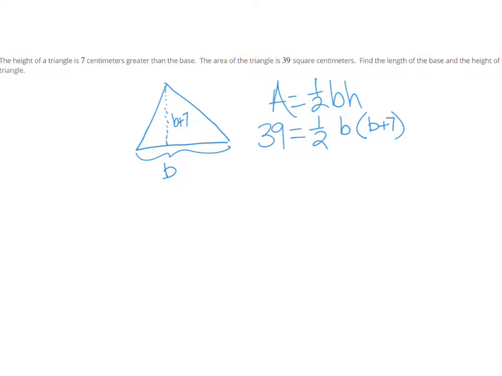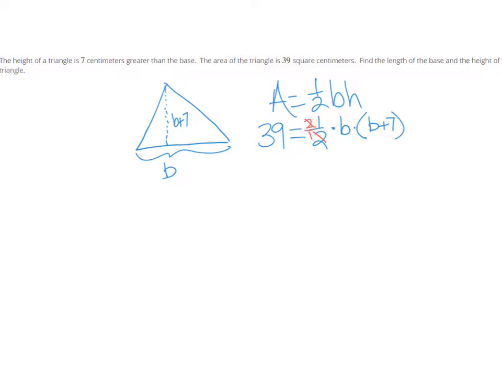Now there are different ways to do this problem. And I guess that 1/2 certainly is going to make this a little trickier. So what I would tend to do is get rid of that 1/2 right off the bat by multiplying by its reciprocal. But I have to do it on both sides of the equation. So if I take it times 2/1, what's nice about that is the 2's would divide out.